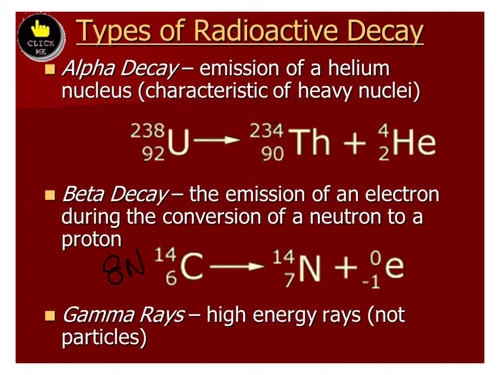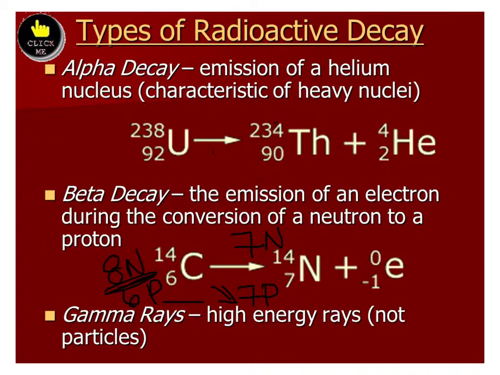We haven't changed anything as far as the atomic mass, but now we've gone up a level as far as the number of protons. So now we have 7 protons here, and here we had 6 protons. And now over here we have 7 neutrons. So we've taken one of the neutrons here and we've converted it into a proton here.